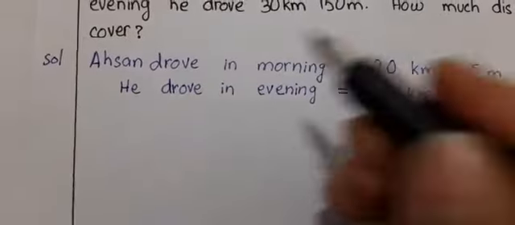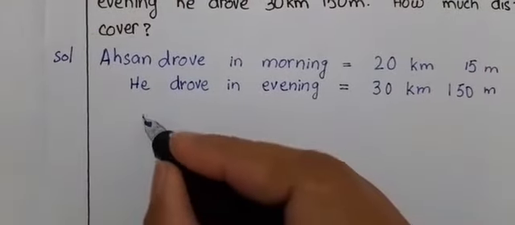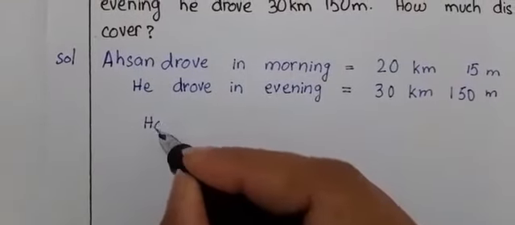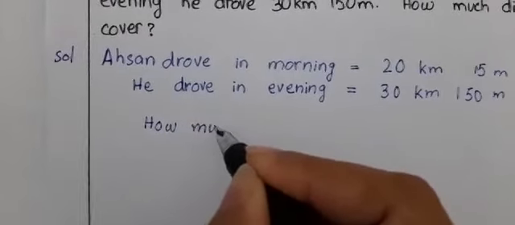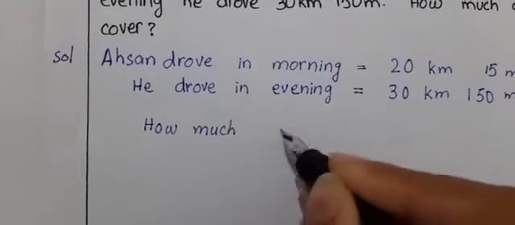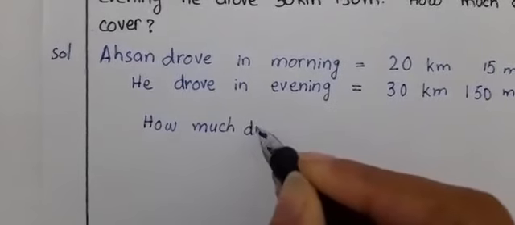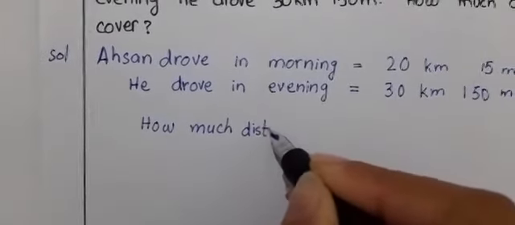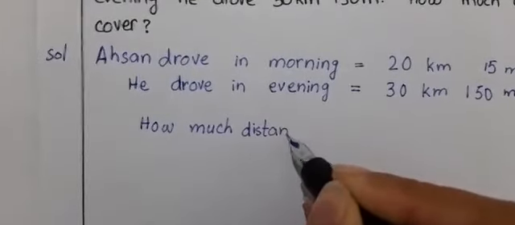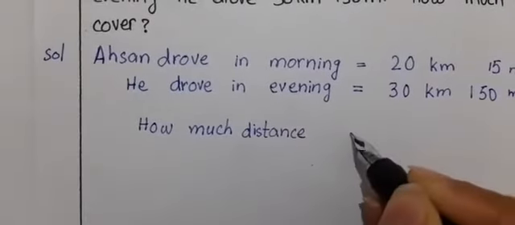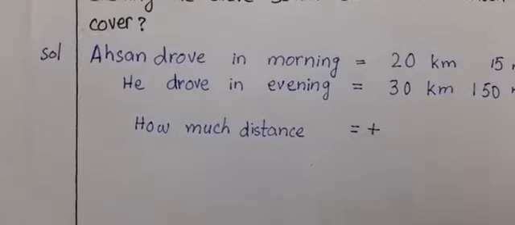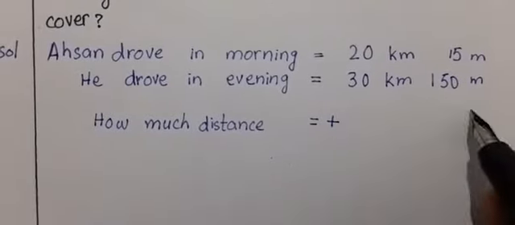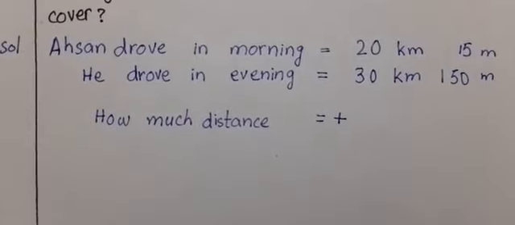So how much distance he covered? Our third statement is how much distance. We will write equals to under equals to and here addition, and then we will draw lines and then we will add.